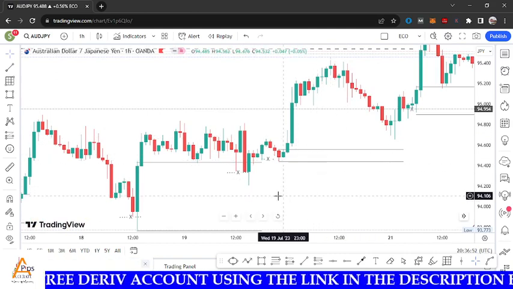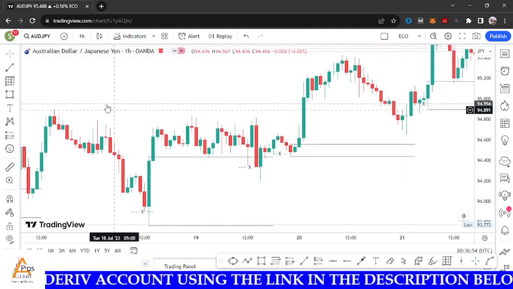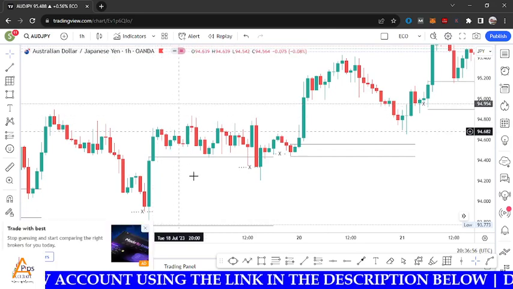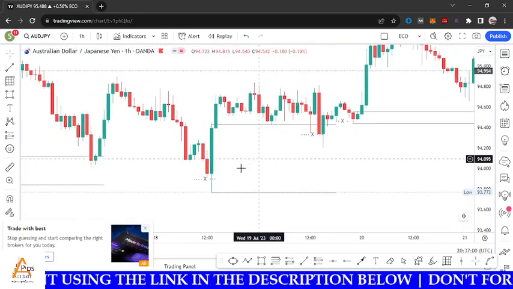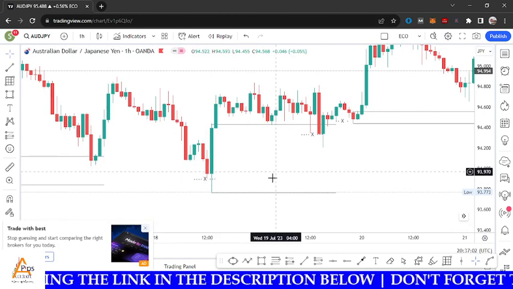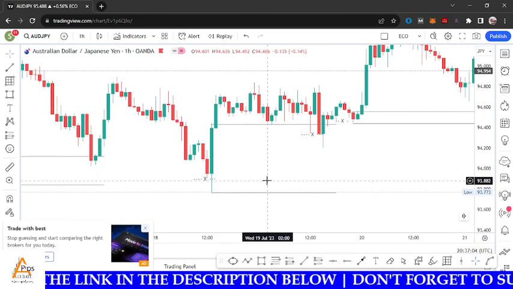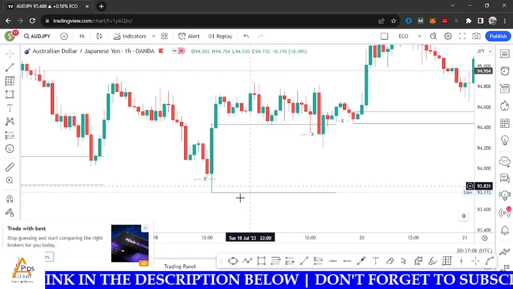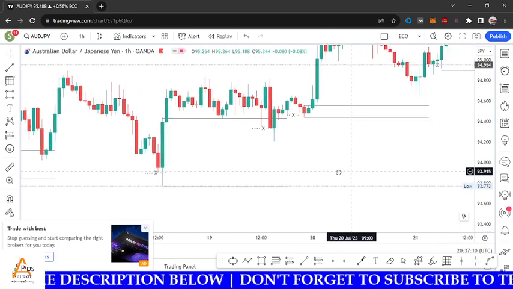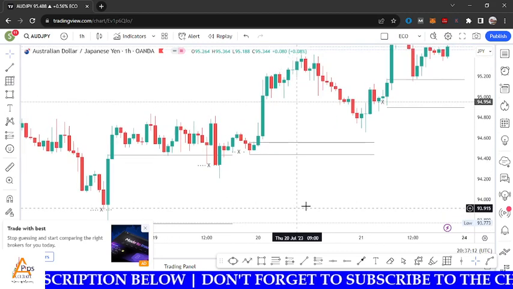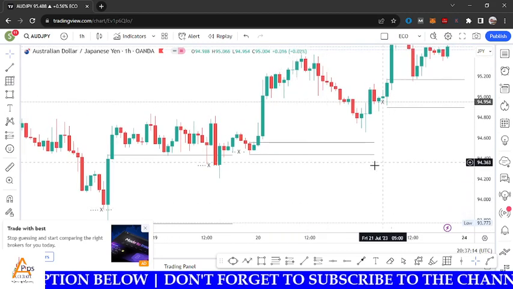If they are equal, it is invalid. It is still invalid as long as it didn't take liquidity, because equal high is a type of liquidity that we'll be looking at under liquidity. Yes, we call them retail liquidity.